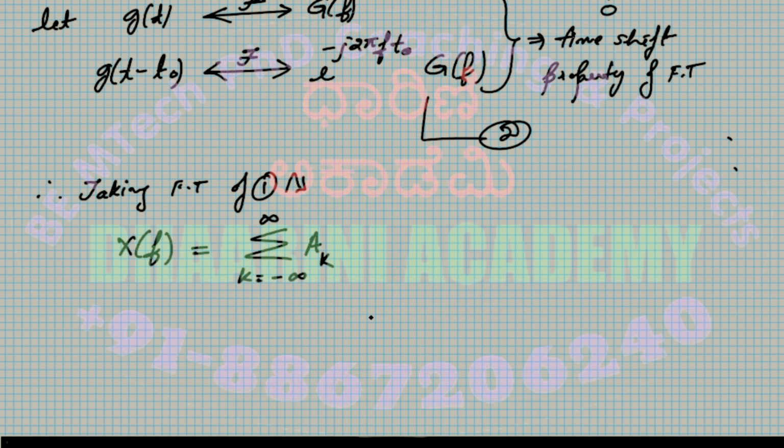So that is ak into, instead of g of t minus t naught, you will write G of f into e to the power minus j 2 pi f. Now, it was f into t naught, but that t naught is not there now because t naught is replaced by k times Tb in the equation.